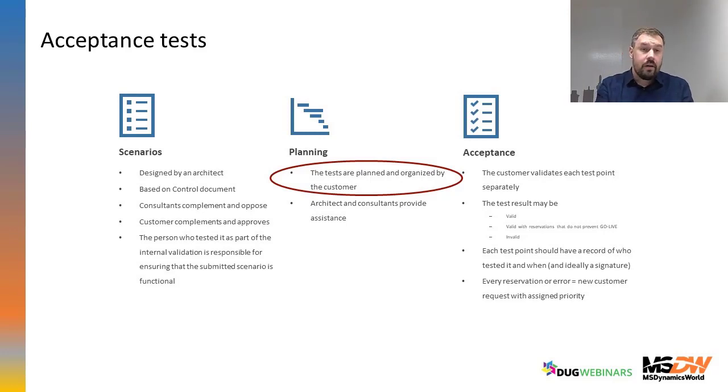Just now, we have acceptance scenarios, which should make a timeline for the customer. What everything must be valid, which every scenario must be valid to go live.